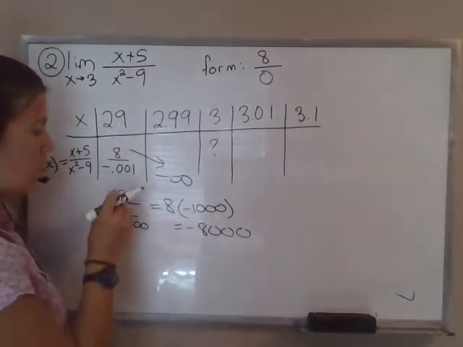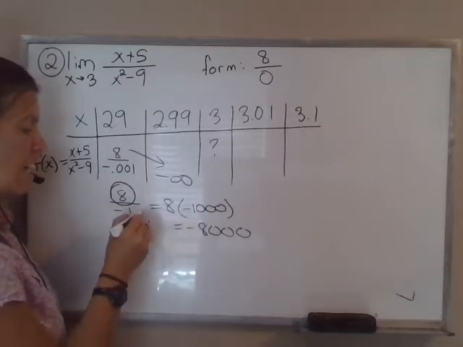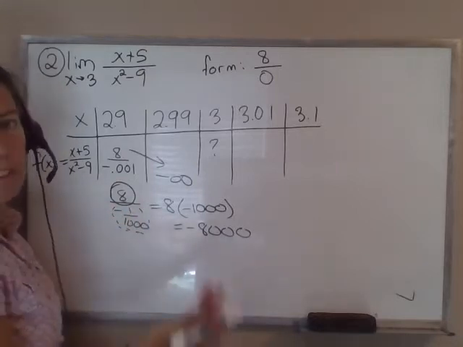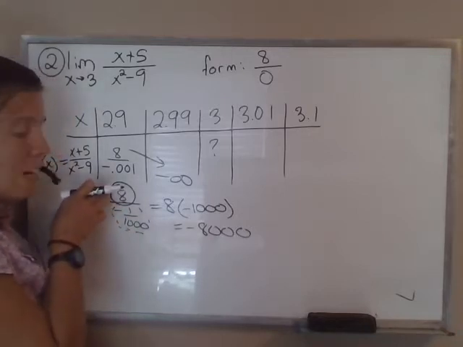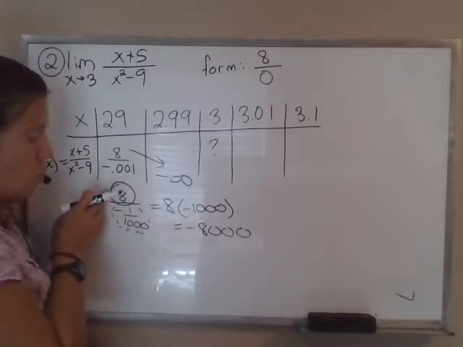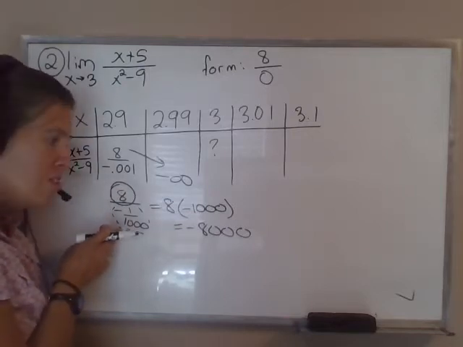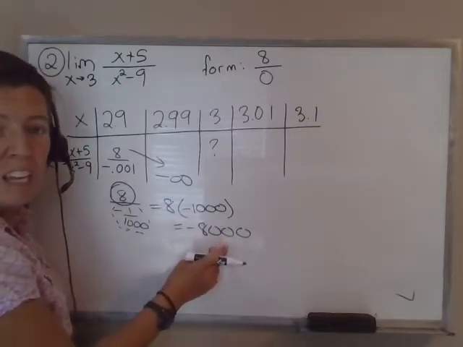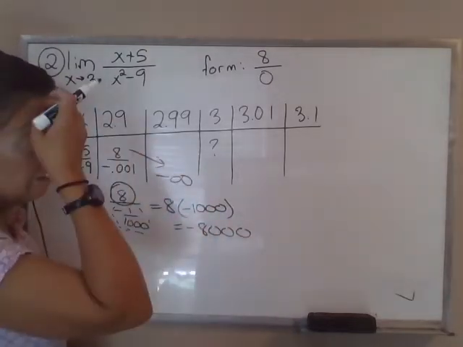When you have a ratio that's a positive number, in this case 8, over a tiny, tiny negative fraction, I just made up negative 1 1,000th, but some tiny negative fraction, then that ratio, some non-zero number over a number really, really close to 0, is always going to be very large. It's going to increase without bound, or decrease without bound if it's negative.